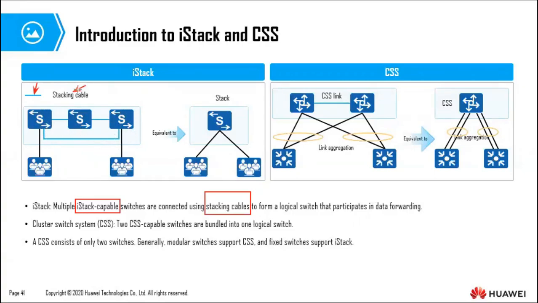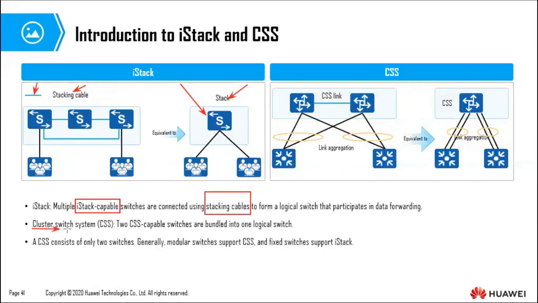When you do that with a stacking cable, and these particular switches are iStack capable, then they are going to form a single logical switch. That single logical switch is what we call a stack. Okay, so that's one way in which you can combine physical switches into a single switch.